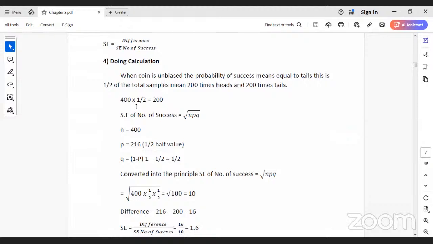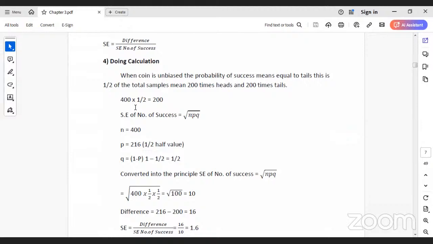Generally, when a coin is tossed 400 times, you divide 50%, 50%, so you get 200 and 200.